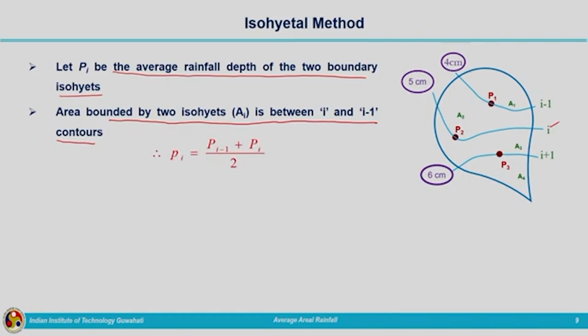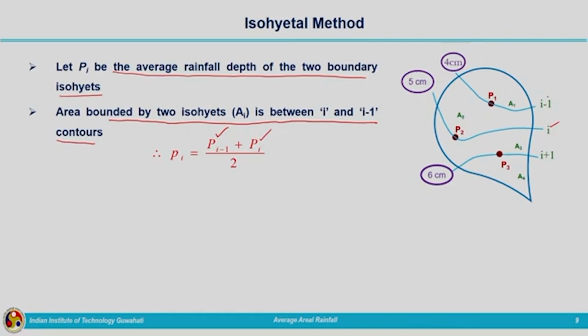Now, the precipitation within that particular area can be averaged out by using the rainfall at the i minus 1th isohyet and the ith isohyet, that is Pi is equal to Pi minus 1 plus Pi divided by 2.